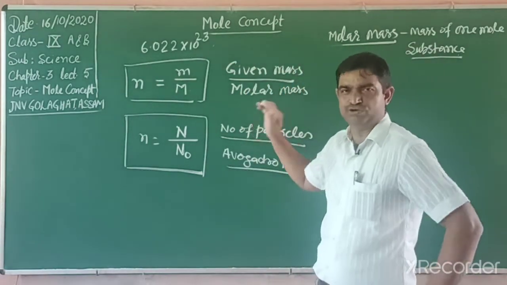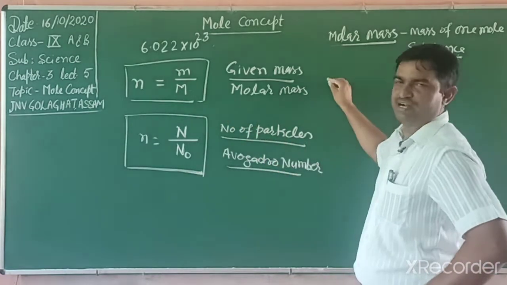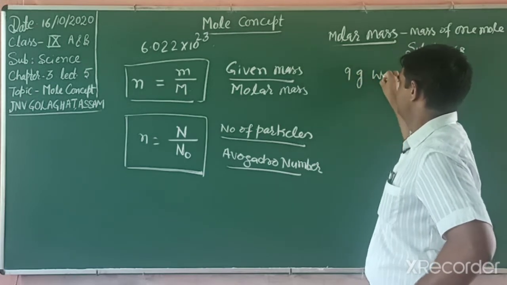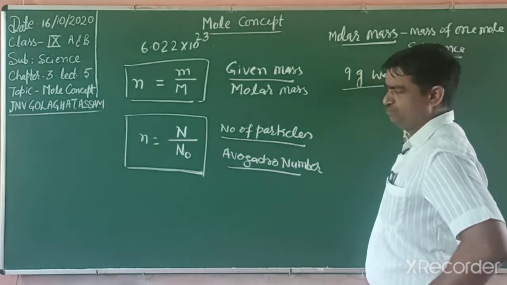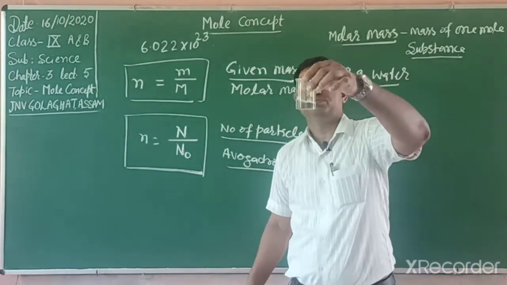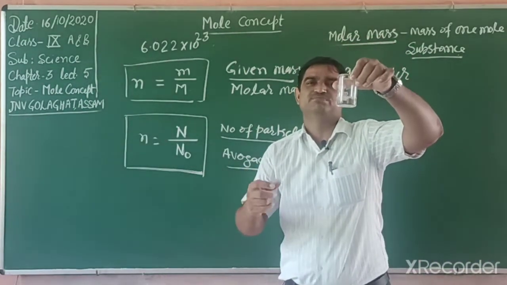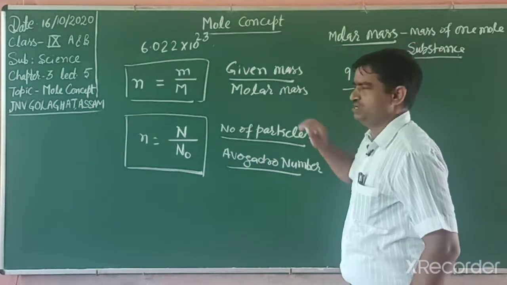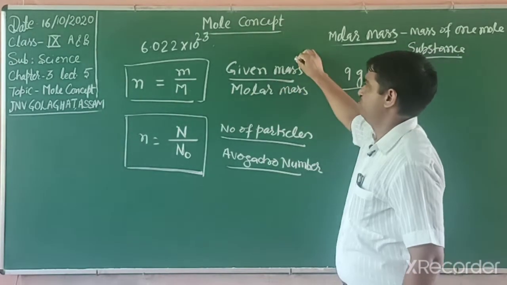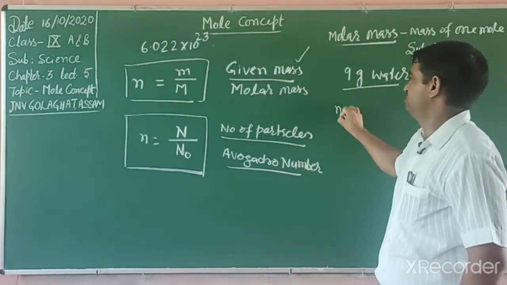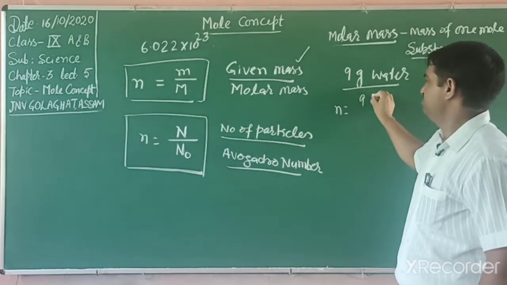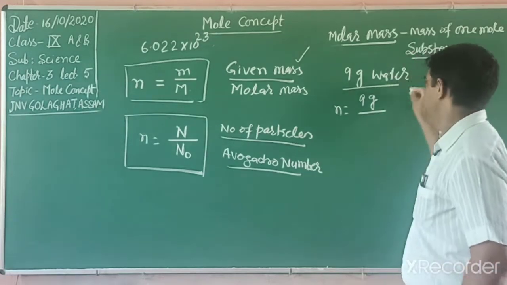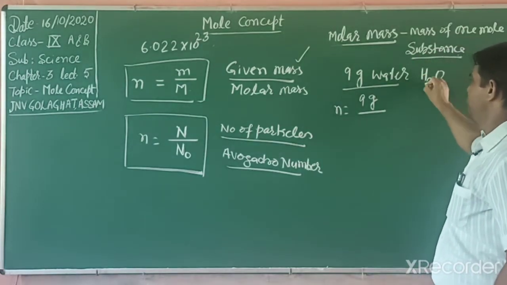So now we solve. Students, if you are given 9 gram water, what is the amount in moles? For example, 9 gram water, means 9 ml water. Then we can find the mole. So we apply this formula, given mass 9 gram and its molar mass. At first you know the formula of water, H2O.